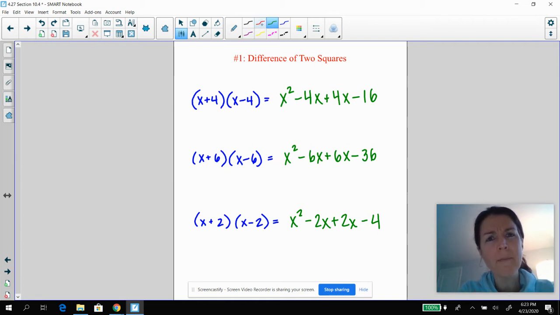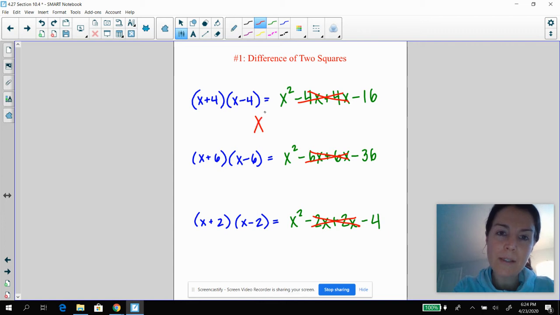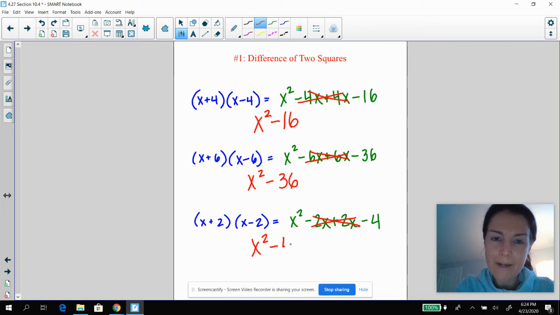So if we go through and simplify here, I see that in each one of these, the negative 4x and positive 4x drop out. And it happens every time. So when you simplify these, you wind up getting x squared minus 16, x squared minus 36, and x squared minus 4.